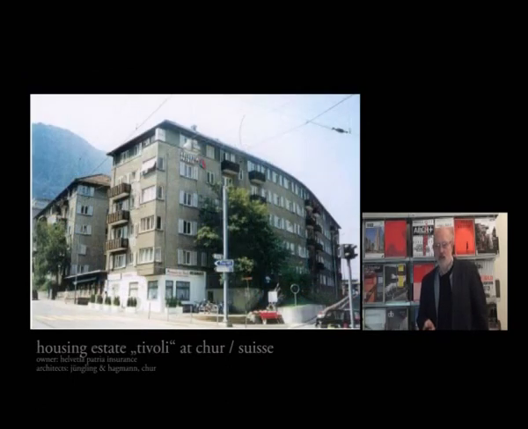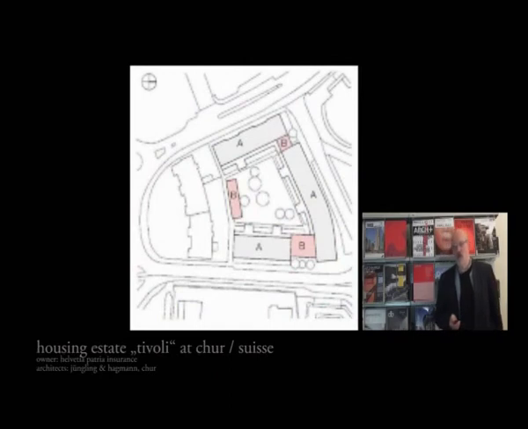And if you go to the project, you could see what were the old buildings of the now changing projects, and you could see with B the newly built elements which are added.